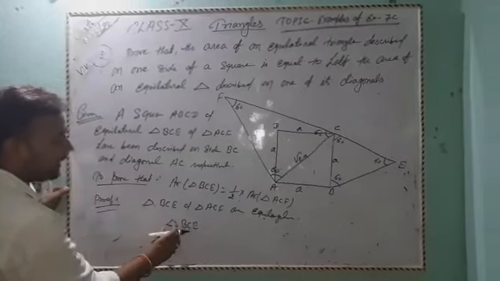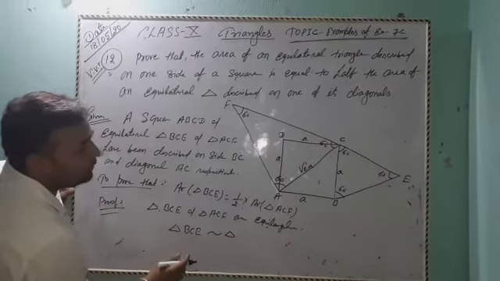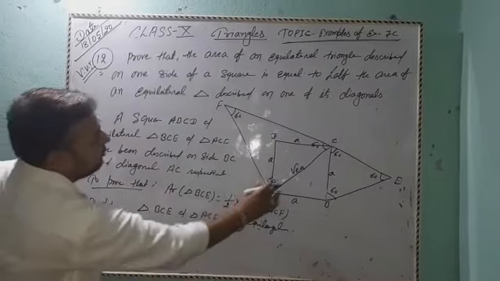Then triangle BCE is similar to triangle ACF.